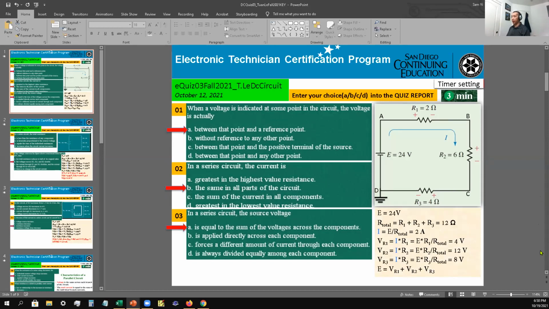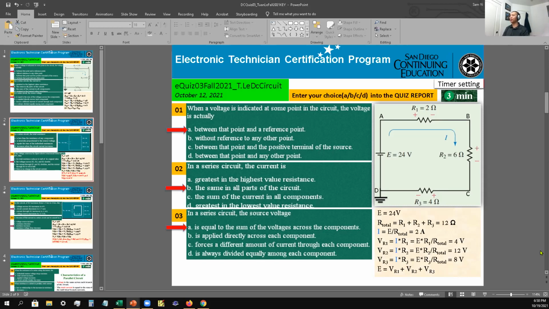So the answer for number 1 is A, number 2 is B, number 3 is A. Any question on number 1? Number 2? Number 3? Okay, no question.